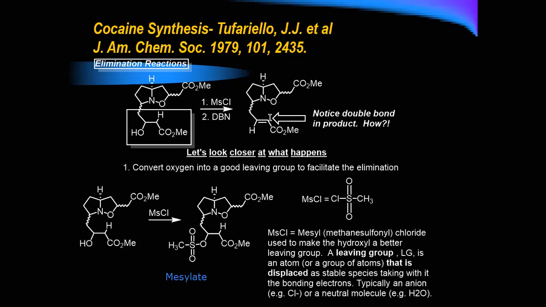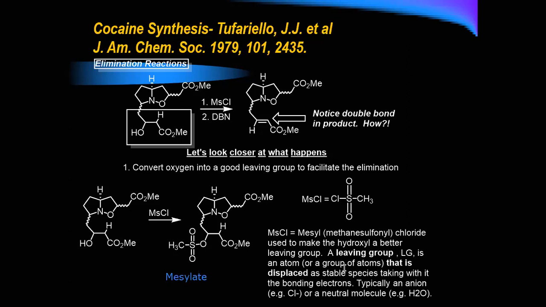So my elimination is faster, right? I can't eliminate with just OH. I have to do something to it. I have to either do a proton transfer to it, or put some other functional group on it to make it a better leaving group. But the reason I didn't just use water or acid, and this is very important, is because I may have other functional groups in that molecule that I don't want to react, right?